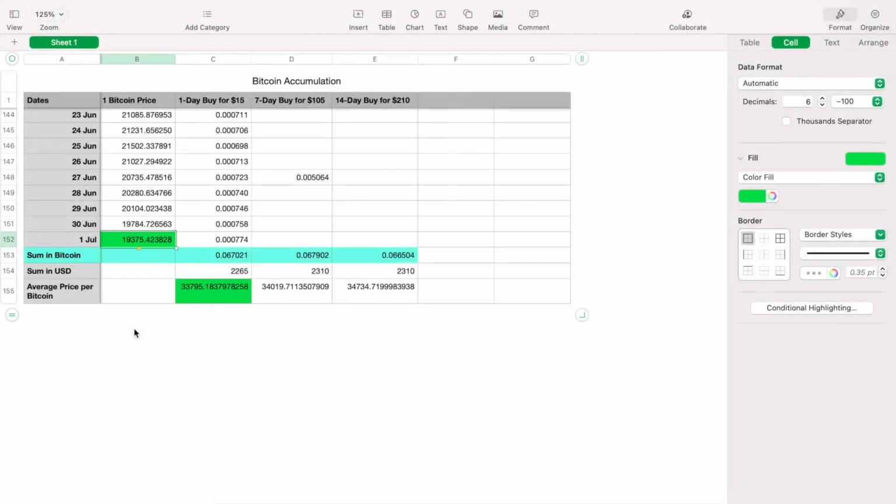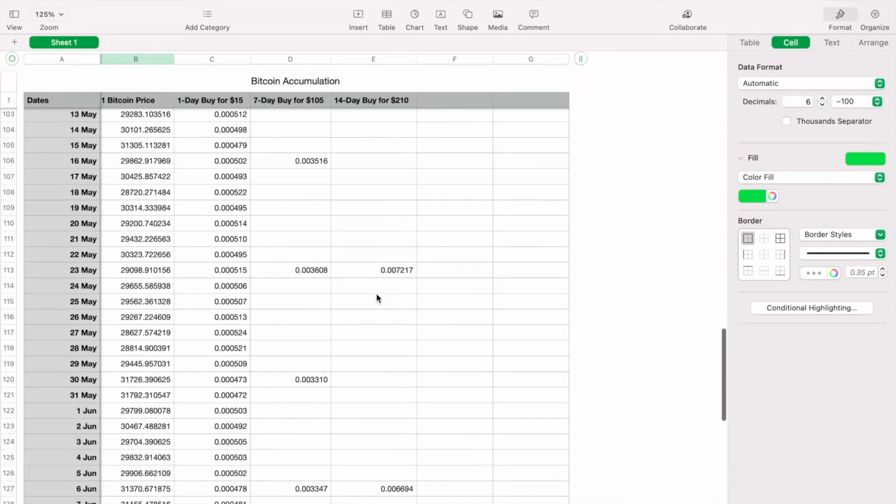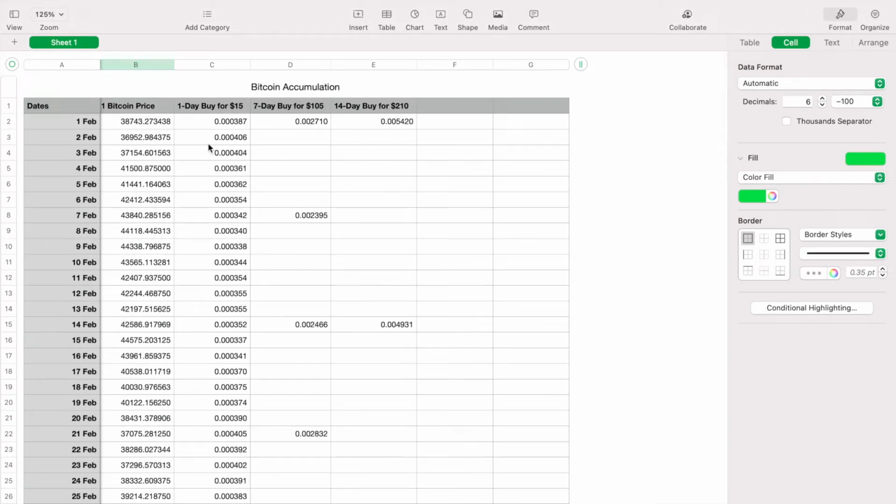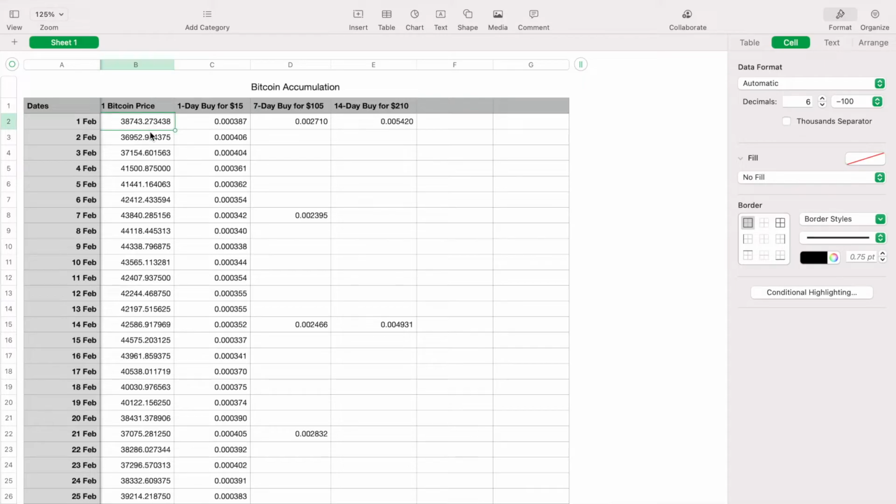I have done this manual backtest for a Bitcoin DCA purchase, and I had checked three options: buying Bitcoin daily, buying Bitcoin every 7 days, and buying it every 14 days. The average cost for each of the options is very similar, but still, as you have seen, the daily option produced a better result. We started our regular purchases in the beginning of February, when the price of Bitcoin was fairly high.